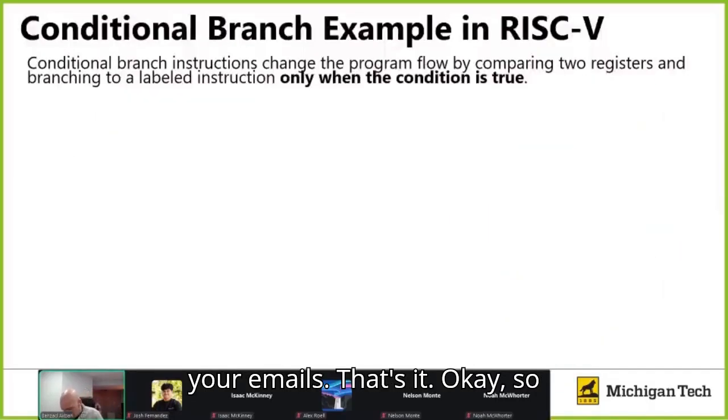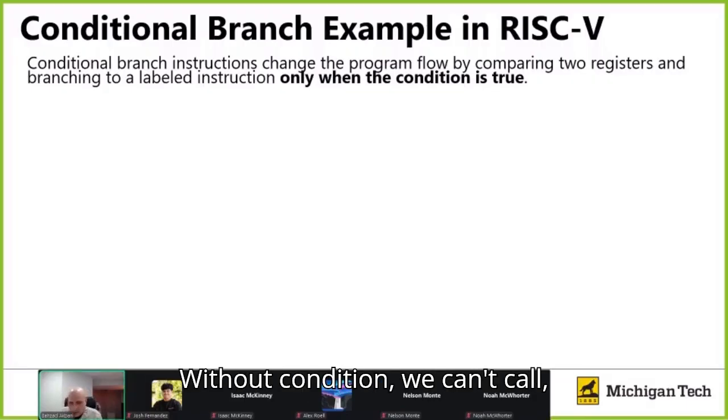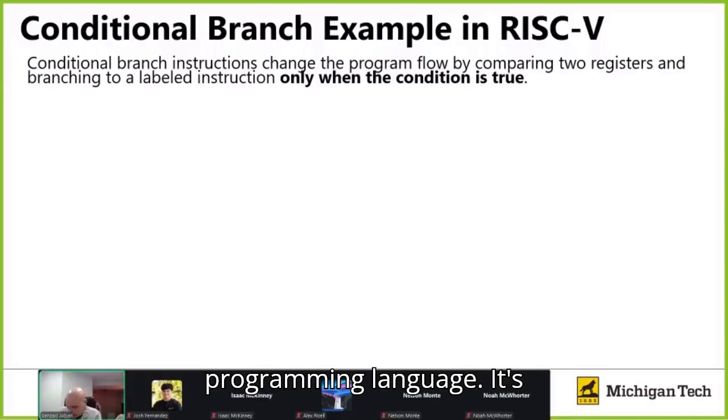That's it. Okay, so let's do a recap about conditional branches. Condition is so important in programming. We know that without condition we can't really call a programming language a programming language. It adds lots of advantages to programming.